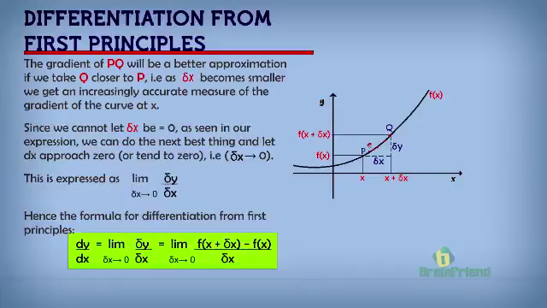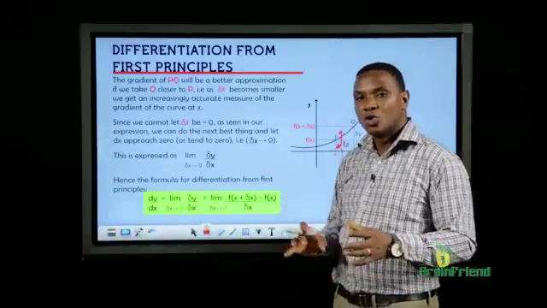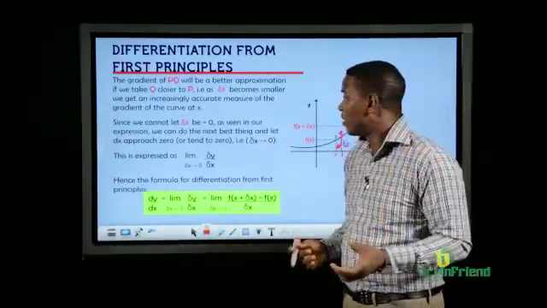So if we have our Q here instead, we've succeeded in shrinking this value here, which is our incremental change. If our Q were here, that means our change in x would be much, much smaller, so small that it could be insignificant.